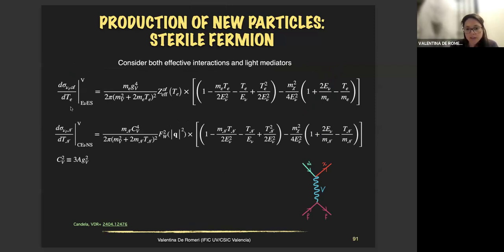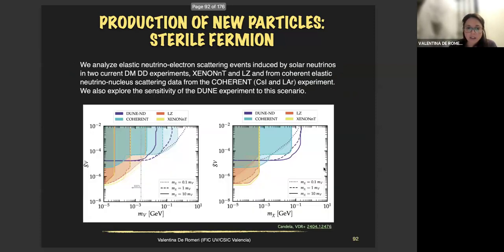Here you see the cross-section for CEvNS is very similar to the standard model one, apart from the fact that we have an extra term that of course depends on the mass of the produced sterile fermion. So in this paper, we analyzed both the COHERENT data, in particular the cesium-iodide one, and the data from direct detection experiments, LZ and XENONnT.